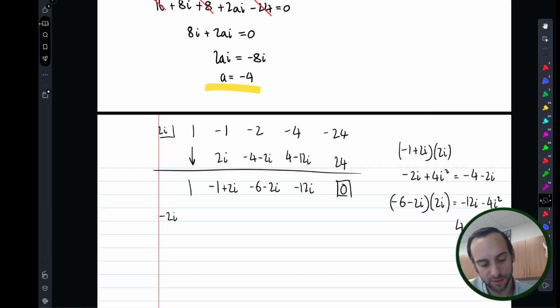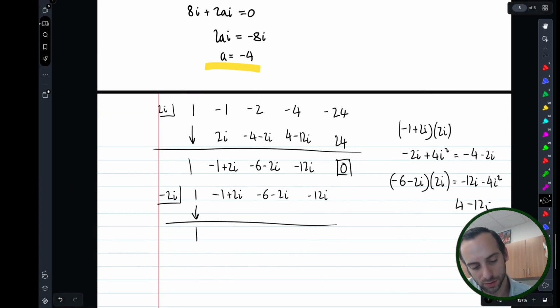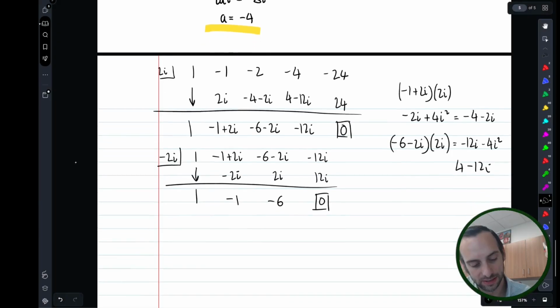If we use our other root, our negative 2i, we can do this synthetic division one more time to get us down to a quadratic expression here. So this is 1. This is negative 2i, this is minus 1, that is a 2i there, which gives us a negative 6, giving us a 12i, zeroing us out as we wanted.